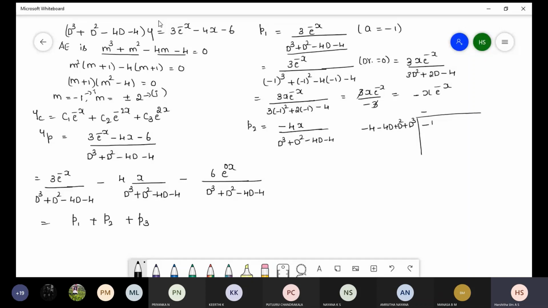Now to get minus 4x, we have to multiply by 4x, so x into minus 4 is minus 4x. Now the first differentiation of x is 1, so here we get only minus 4. Here D square is there, and we have only x.